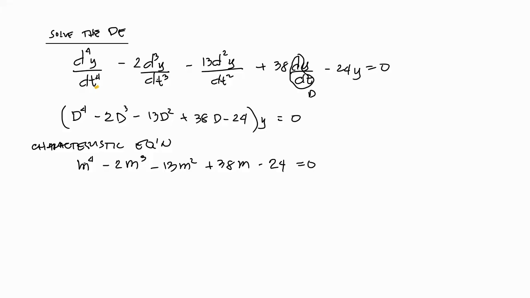As you can see, we have a slightly complex differential equation, up to the fourth order, so we cannot easily find the roots of this equation. So let's use synthetic division to find the four roots of this characteristic equation.